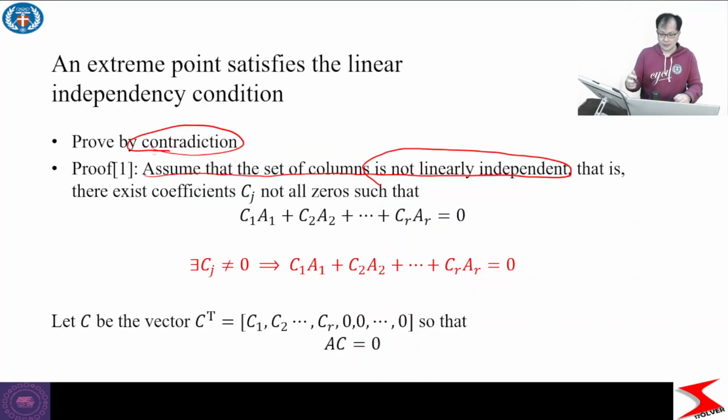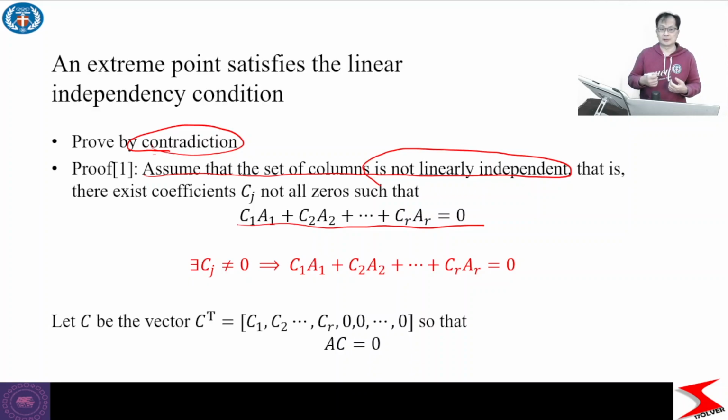Okay, so according to the definition of linear independence, it is this one. If c1 to cr all equal 0, then we say that A1, A2 till Ar are linear independent.